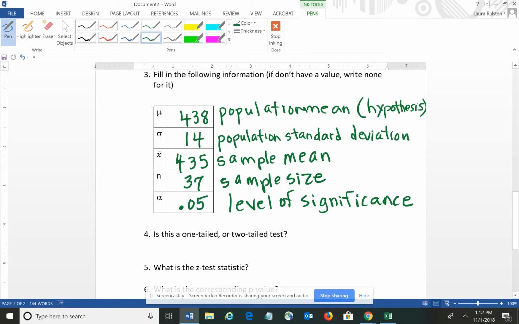We also need to determine whether it's a one-tailed test or a two-tailed test. To make that decision, you always look at the alternative hypothesis. And it's based on the symbol.